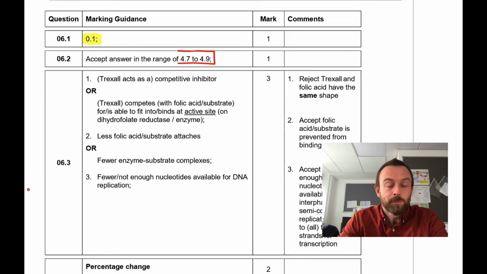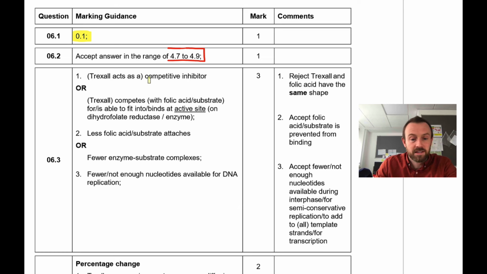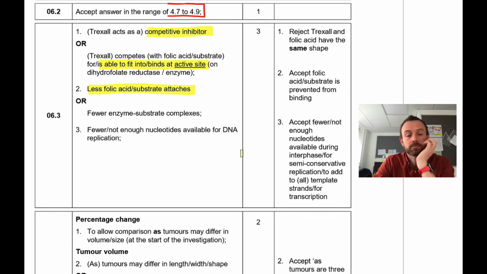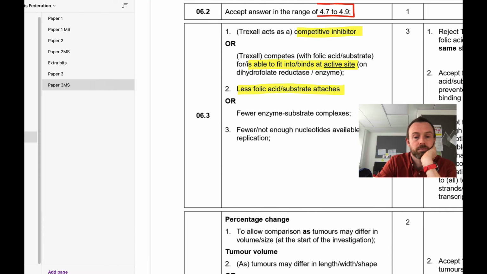Smart scheme. A competitive inhibitor is what it is. It is able to fit and bind at the active site, so less folic acid or substrate attaches, or fewer enzyme substrate complexes. I've forgotten to add that last bit of the question. Let me just go back to the question for a second, and I'll come back to the mark scheme.